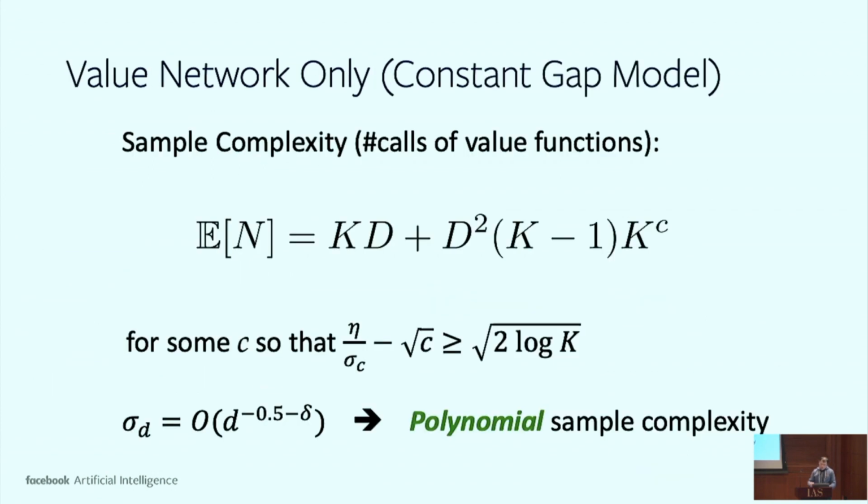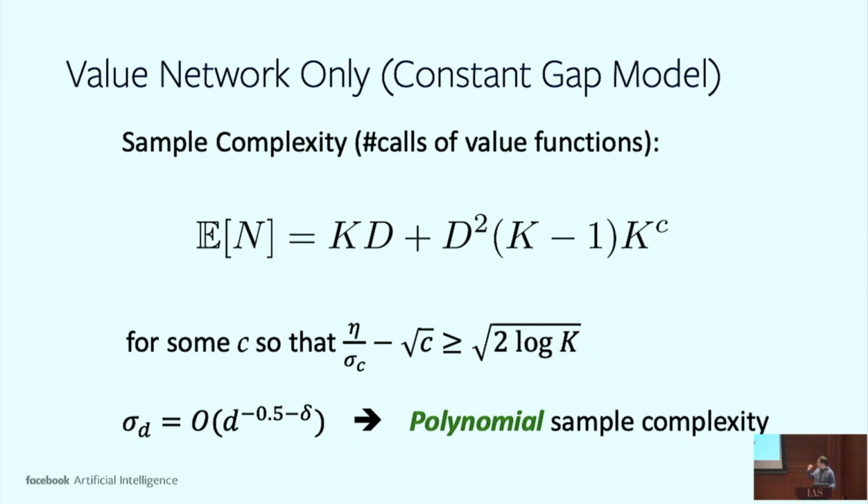Okay, so here's the main conclusion. If you have used the value network only, then the sample complexity can be bounded by that quantity. For the C, there's an exponent, which is k to the power of C, and that C has to satisfy that condition.